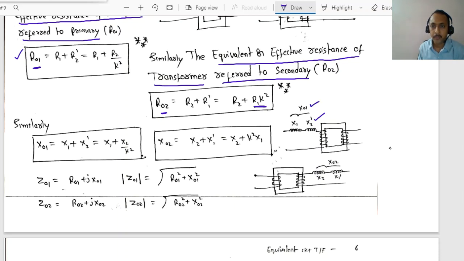Now X01, effective or equivalent reactance of transformer referred to primary, X01 equal to X1 plus X2 dash. But what about X2 dash? X2 by K square. Similarly, the entire reactance is brought towards the secondary side. So X02 equal to X2 plus X1 dash. But what about X1 dash? K square times X1.